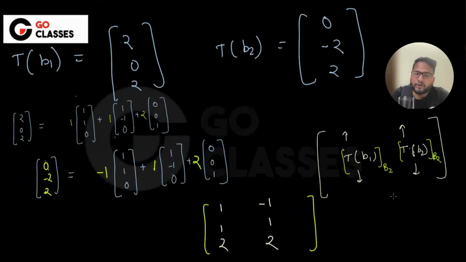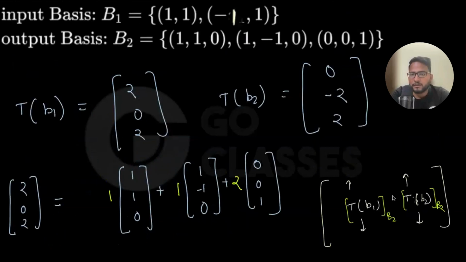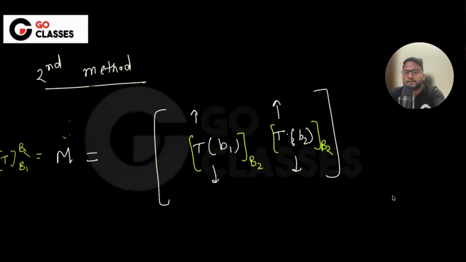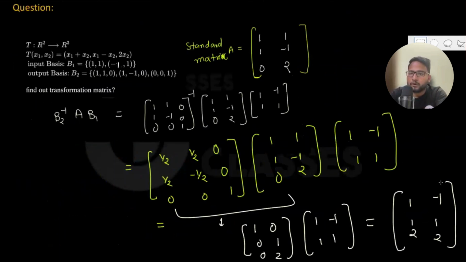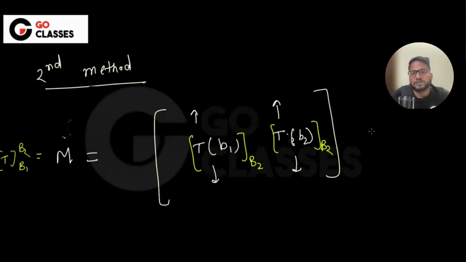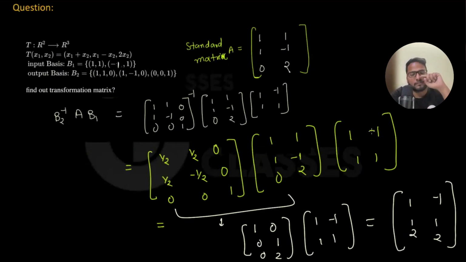Let's just check if we have got the similar matrix earlier, which is 1 1 2 -1 1 2. This was the same matrix that we have got earlier also, isn't it? So earlier we have used this formula directly, but now we have used this particular technique, and both are giving you the same answer. Let me know if that is fine to everyone.